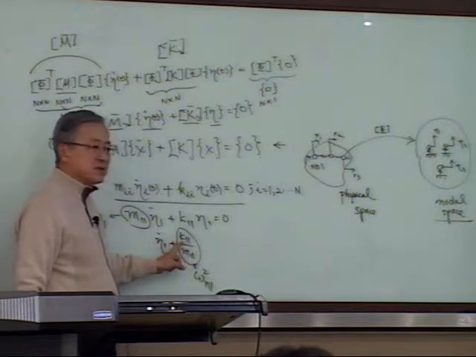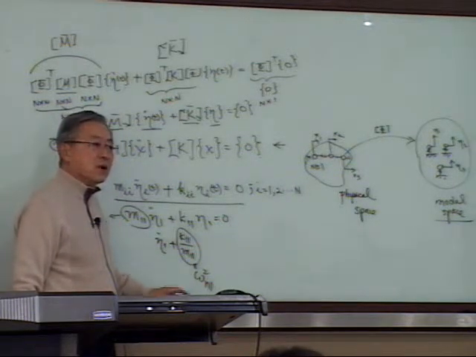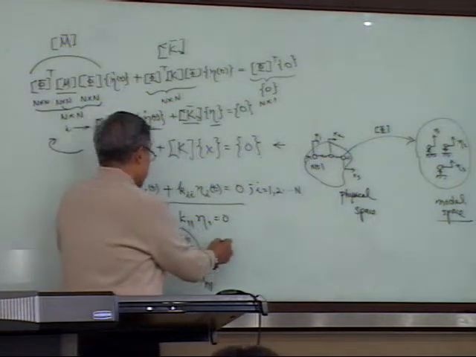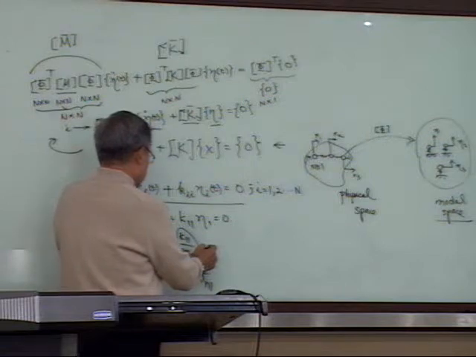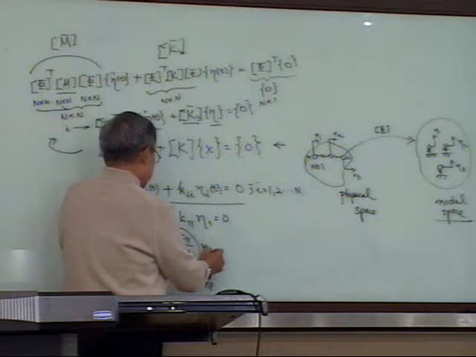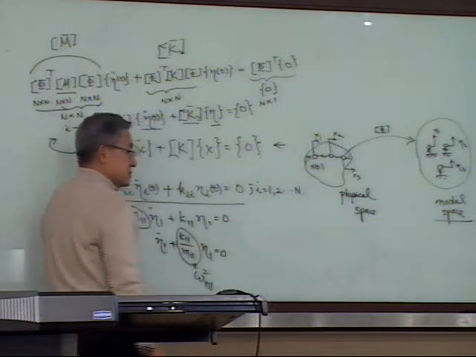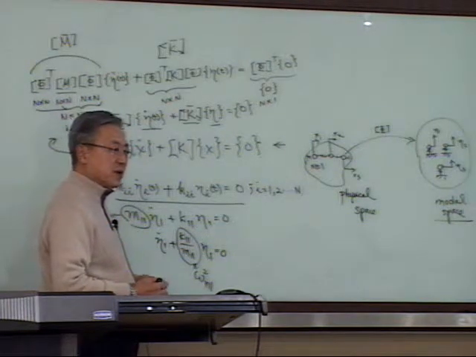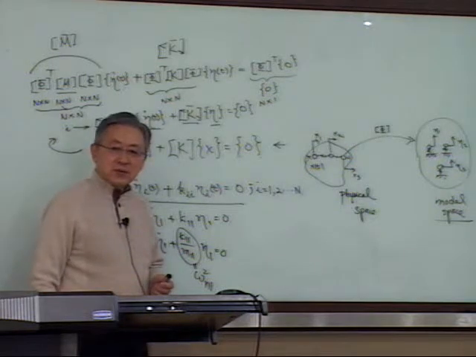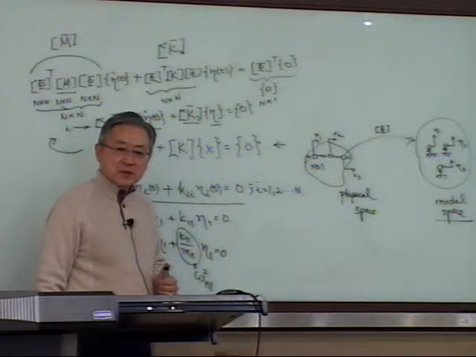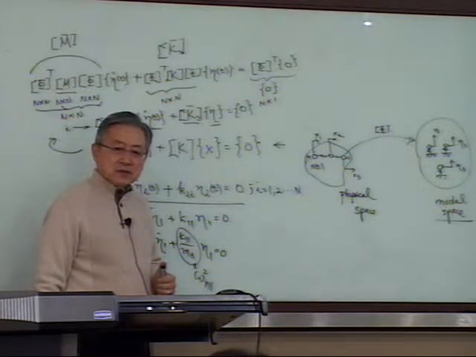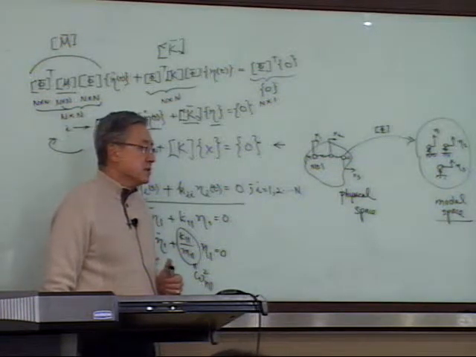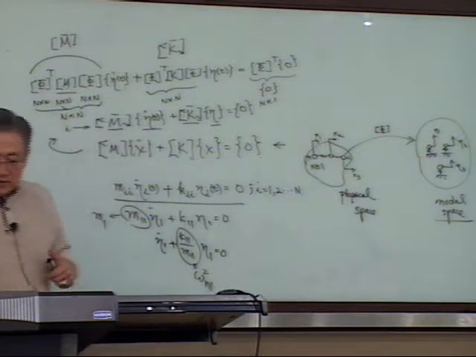You can see this is really K1 over M1. So eta 1 double dot plus omega n1 squared eta 1 equals 0. You can solve a homogeneous solution, which is A sine omega n1 t plus B cosine omega n1 t. So that's what.